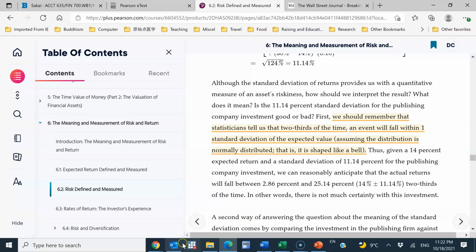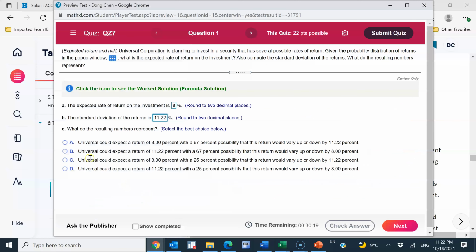So that's exactly what this sentence tells us. 11.22% is simply the standard deviation, so the return will vary up or down by this margin with about two-thirds of the chance.